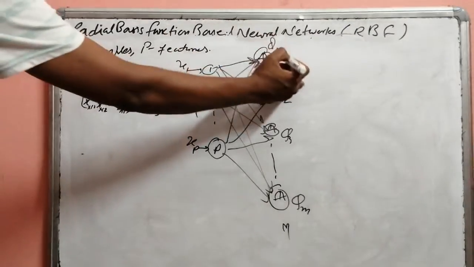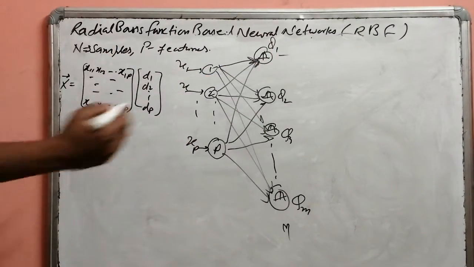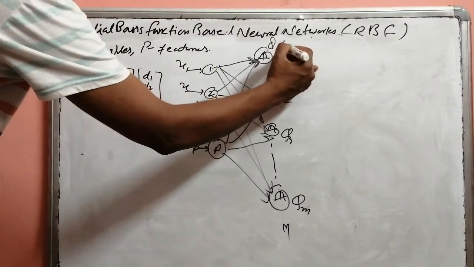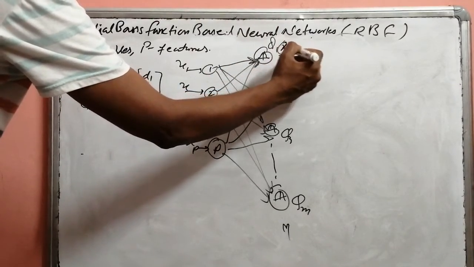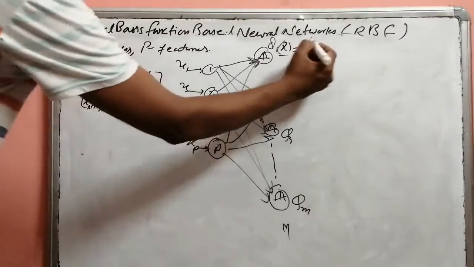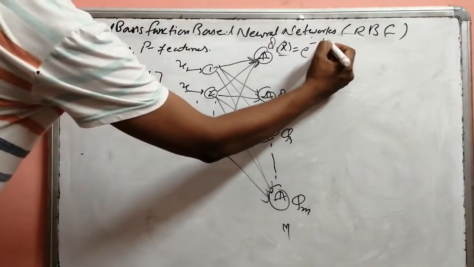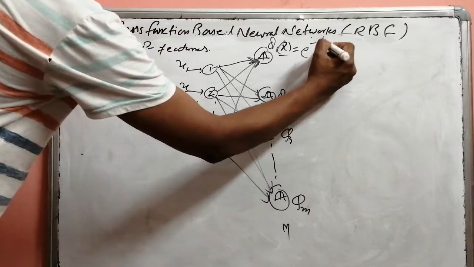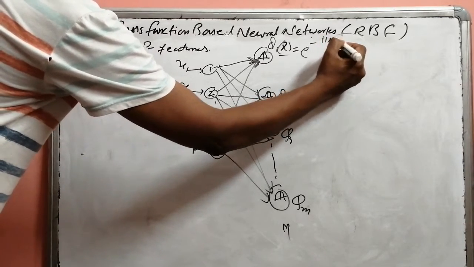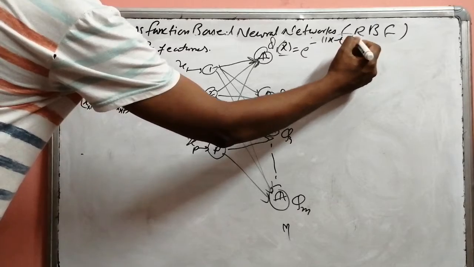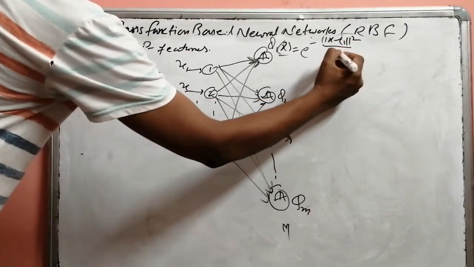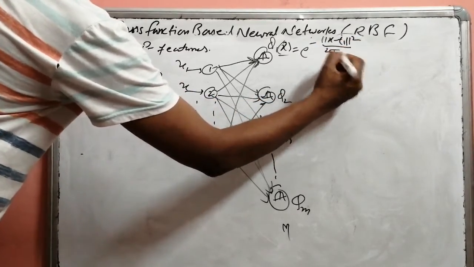At the hidden layer or RBF layer, phi 1 of x was given by e raised to the power minus r square, or your ||x minus t1|| square upon 2 sigma square.